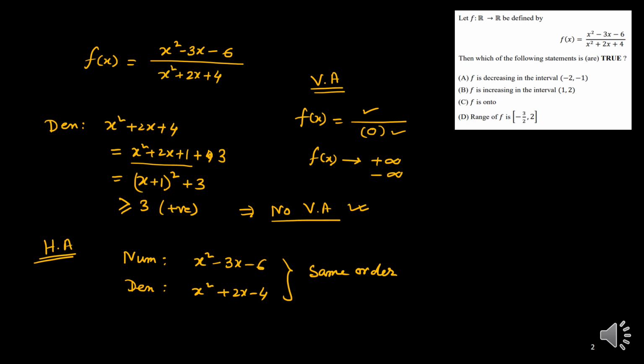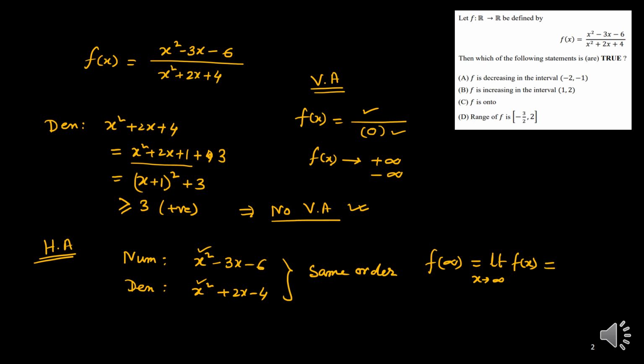Now in this case, if x approaches infinity, either positive infinity or negative infinity, only the x square terms will dominate. So if we consider the limiting case, x tends to infinity, the value of f of x will be simply the ratio of the x square terms, because x and constant terms are negligibly small compared to x squared.